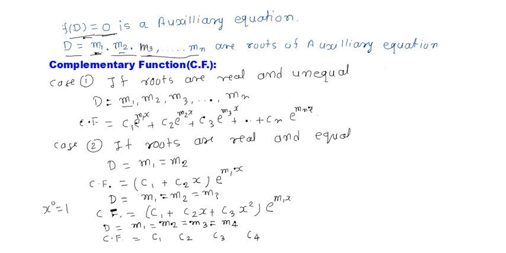Here x to power 0 plus x multiplied, plus x squared multiplied, and x cubed multiplied. So close the bracket and write e raised to the real roots m1, m2, m3, m4, m1 or m2 or m3 or m4 times the independent variable x, and so on.